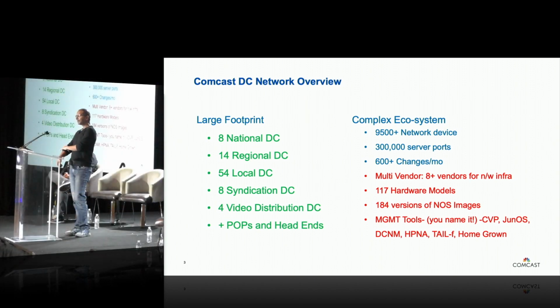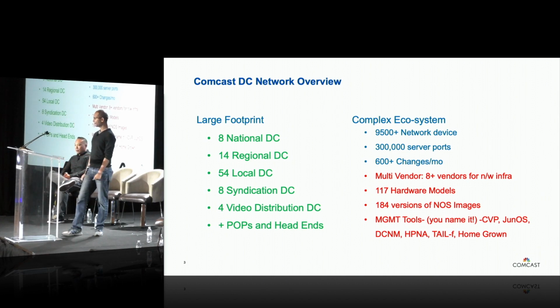The complexity comes from the rainbow data centers we build, with multiple vendors and all different kinds of hardware. We have more than 8 vendors, not including any server hardware, which brings 117 different hardware models and 184 different operating systems.